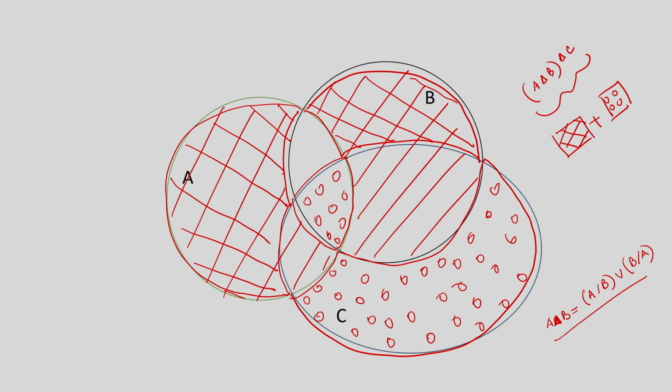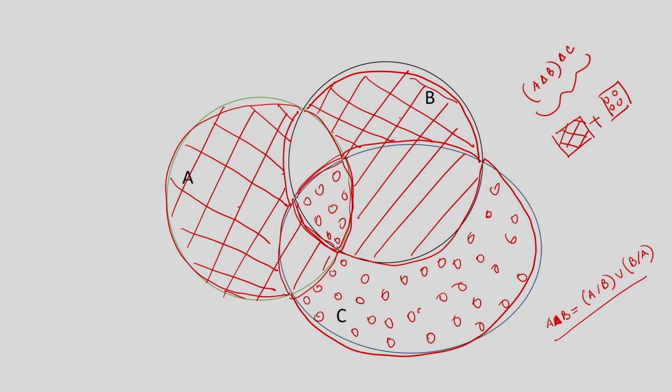So, it is actually a collection of 4 different regions, and you can see the common property of these 4 regions is the following. They either belong to A exclusively, or they belong to B exclusively, or they belong to C exclusively, or the fourth possibility is that they belong to all of them simultaneously, A and B and C. This is the grand intersection, right.